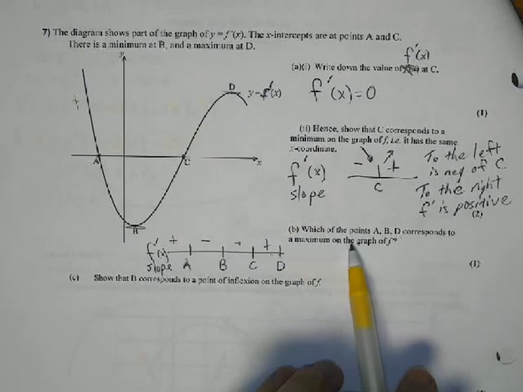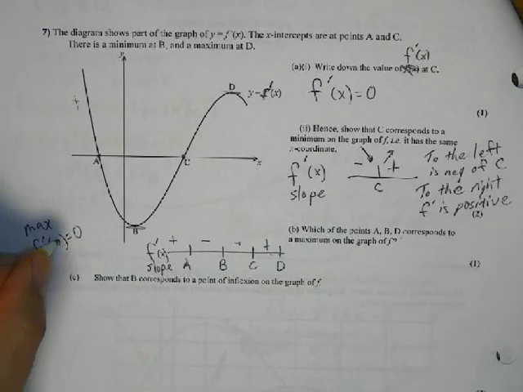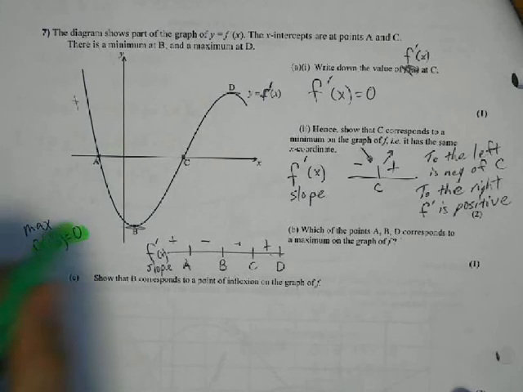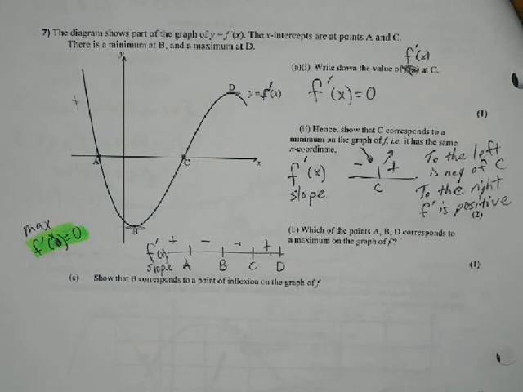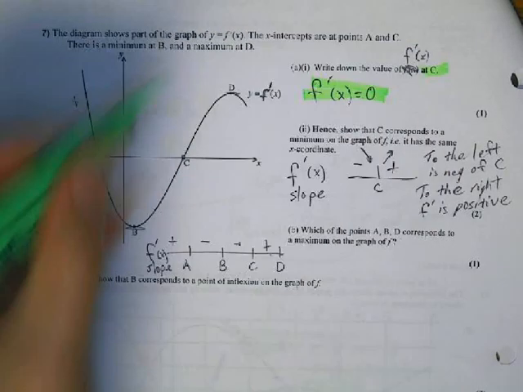The maximum, once again, is when the first derivative is equal to 0. So we want the first derivative equal to 0. Well, we know the first derivative is equal to 0 at C, right?